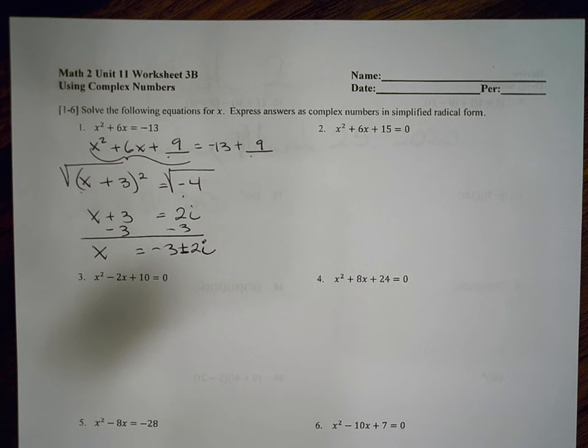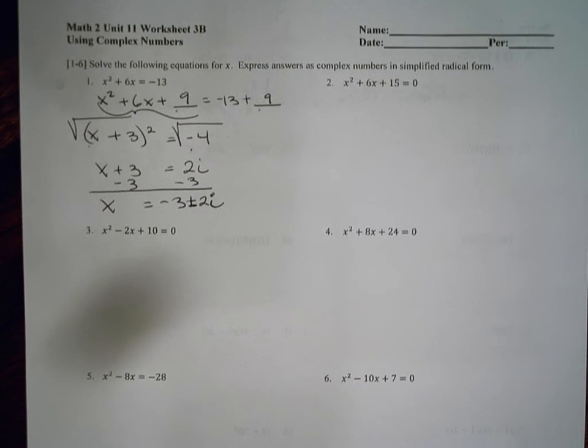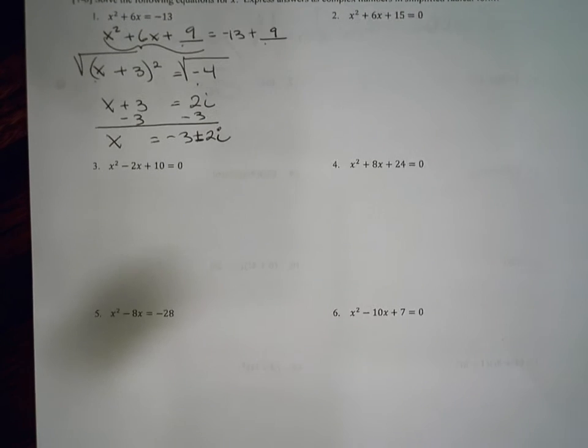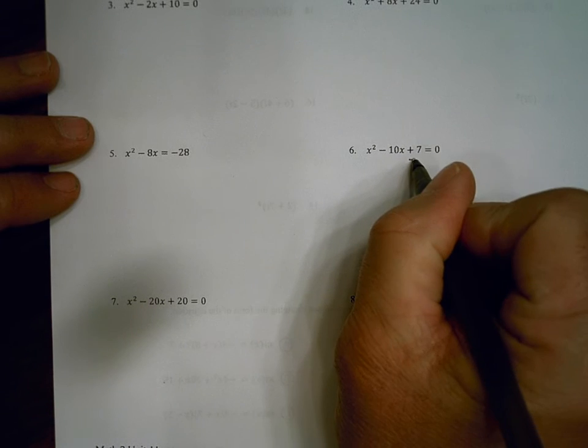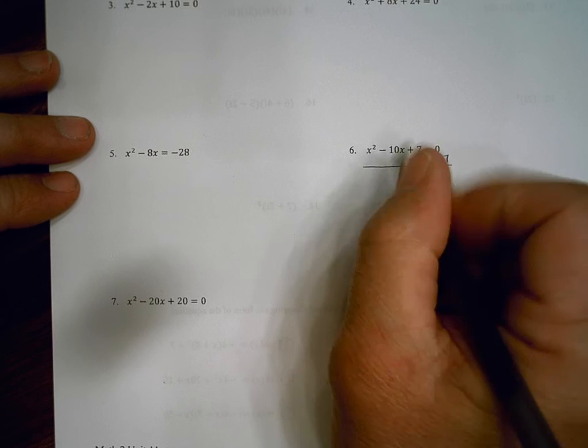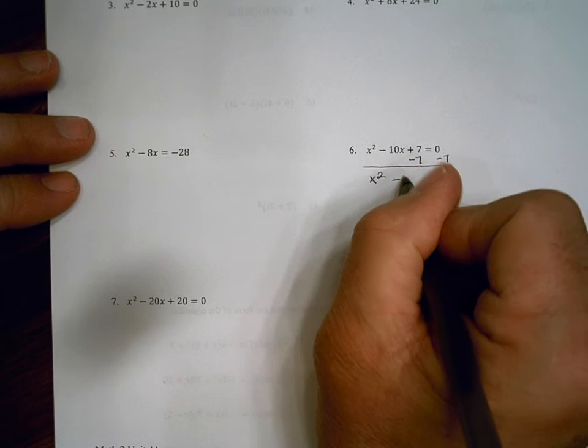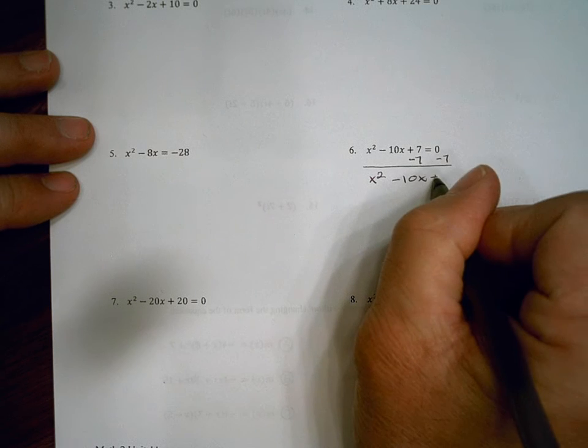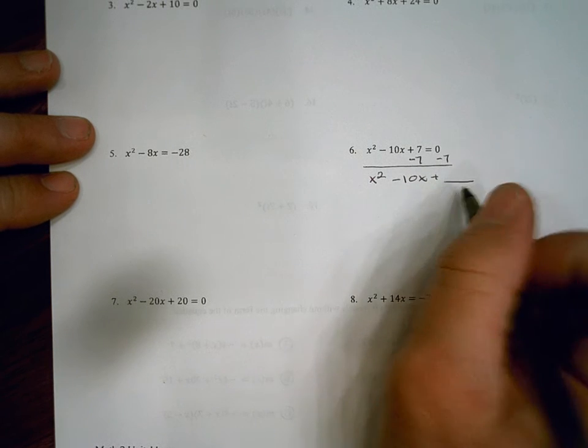All right, let's jump down and do number 6. Take a look at that one. Again, we're going to solve by completing the square. Before we do that, we have to get this 7 to the other side. Now we have x squared minus 10x. Remember, we're going to add something to make this a trinomial square.